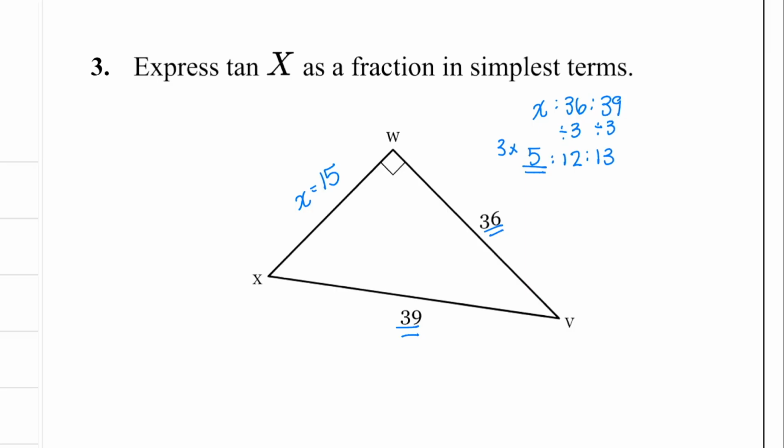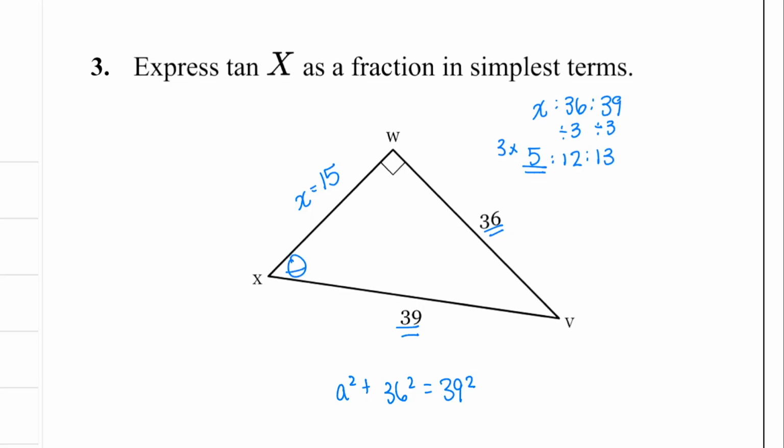This is a great way to practice our Pythagorean triples and not have to use the Pythagorean theorem. If we were to do the Pythagorean theorem, this is what it would look like, and that definitely requires a calculator, and I would rather not have to use a calculator for these types of problems. So now let's go ahead and finish.